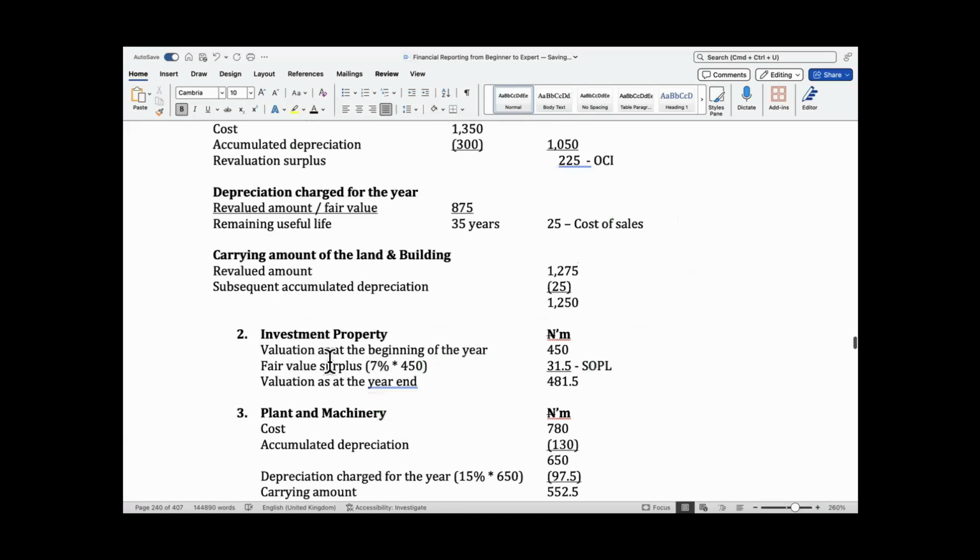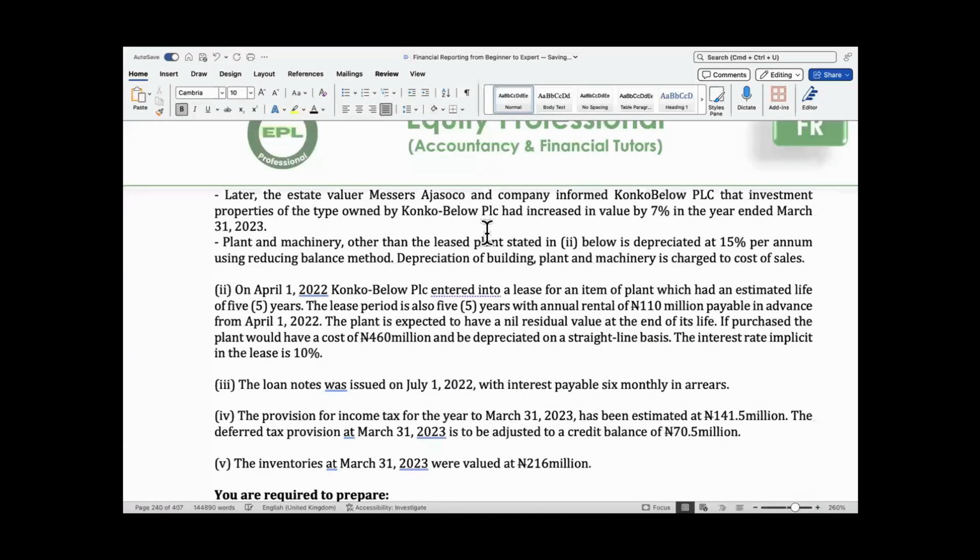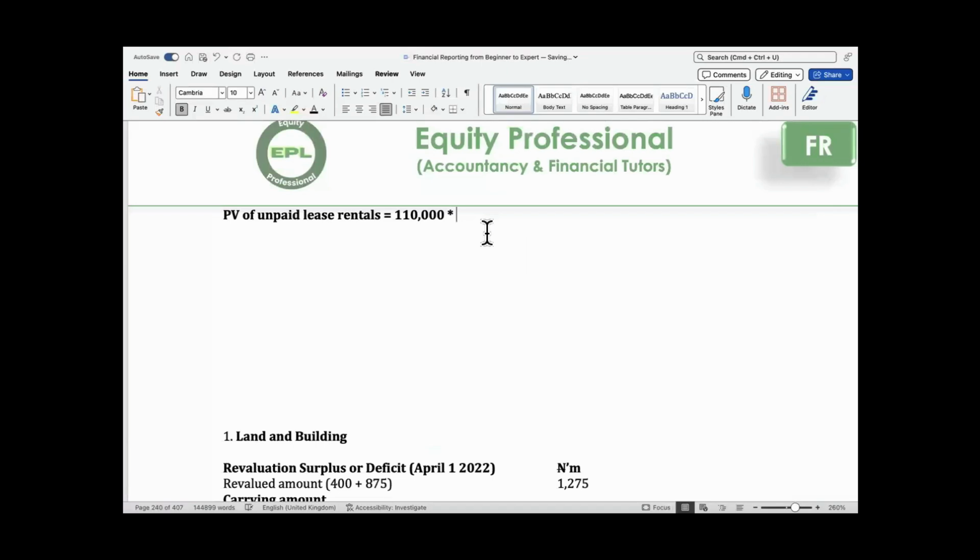So can you get me the annuity factor? Do you know the formula? Yes, sir. Please get me the figure. You don't have to write the formula down in the exam at all. I'm waiting.